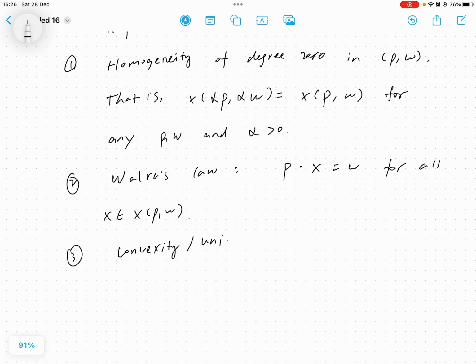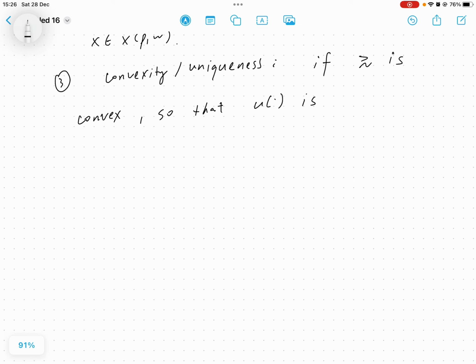It says that if this preference relation is convex, so the upper contour set is convex, so that this utility function, remember, has to be quasi-concave, then this solution x is a convex set.